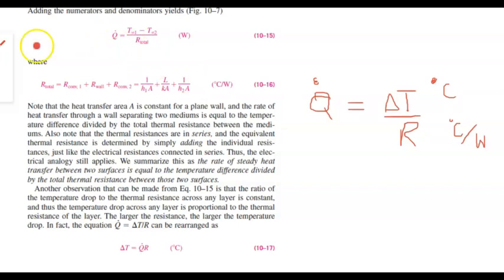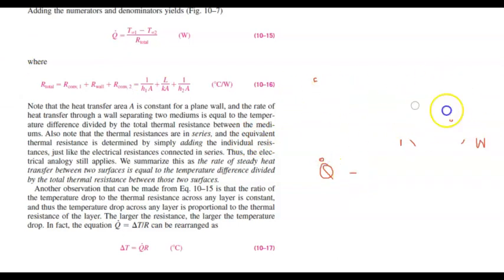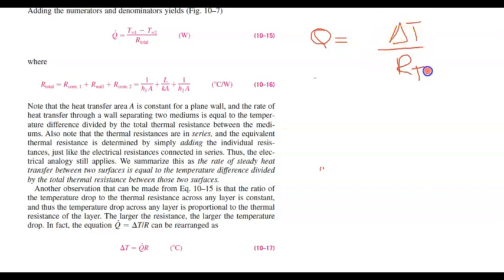Now the advantage of this is you will get an equation: Q equals delta T over R total.